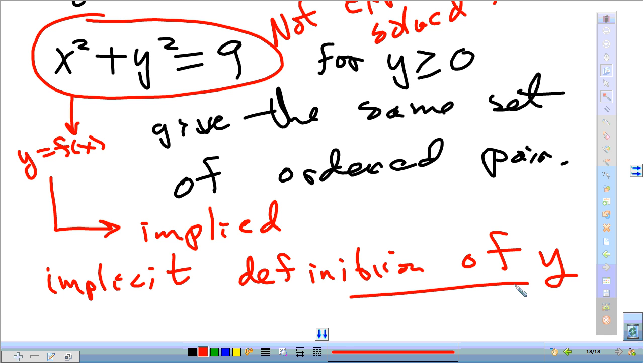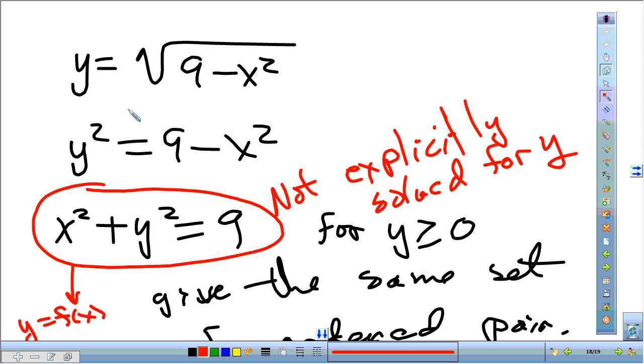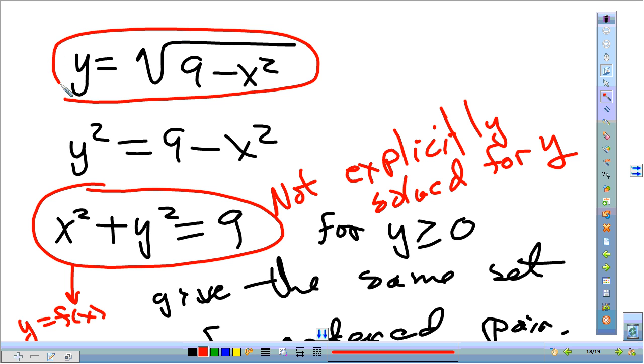Or we might say y is somehow defined by that equation, but we haven't been explicit, so we say it's implicitly defined. So, in this particular observation, there might be other ways, but here are two ways to describe the set of ordered pairs.